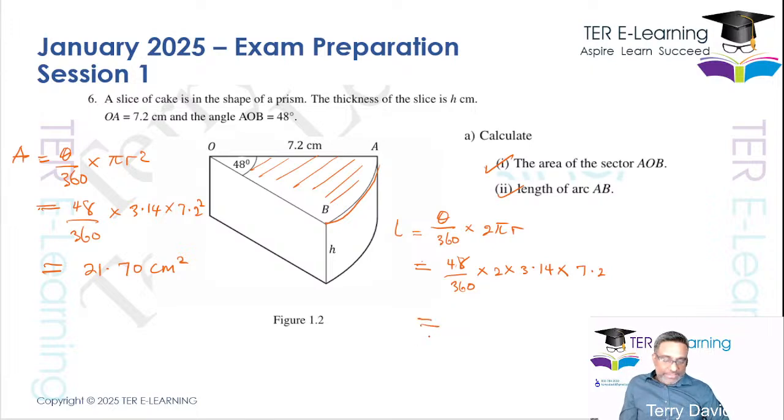So that's 48 over 360 multiplied by 2 multiplied by 3.14 multiplied by 7.2, and you're going to get about 6.03 cm. So that's the length of the arc AB. Hope you're getting something like that.